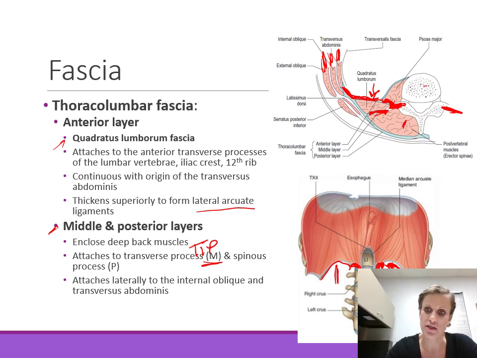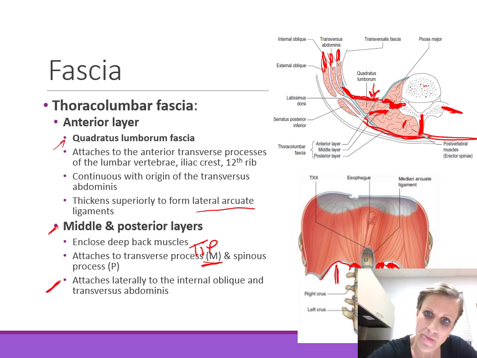So looking at this lumbar vertebra, this is the spinous process. And so you can see the posterior layer attaching to the spinous process, and then the other side as well. Laterally, they merge and again attach to the internal oblique and transversus abdominis.